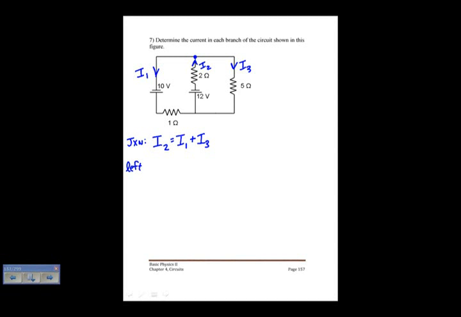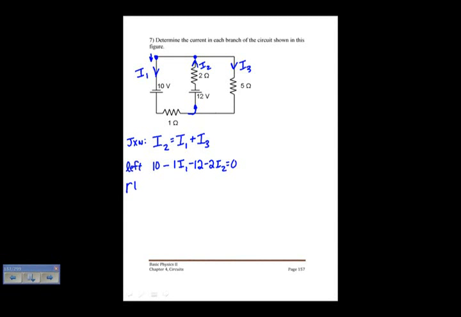Now let's use the loop rule. I'm going to do the left loop. I'll start up here and go in that direction. I have 10 volts minus 1 I1 minus 12. I'm going up here, coming along here, and then coming up here. Minus 12 minus 2 I2 is equal to 0.